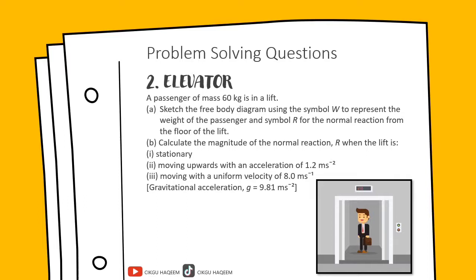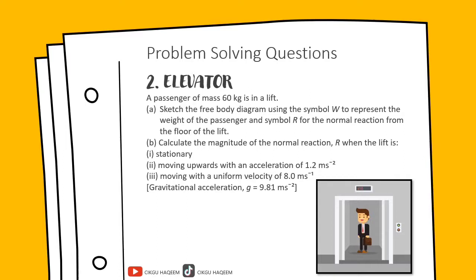First of all, when the passenger is standing in a stationary lift, the resultant force will be 0. When it is moving upward with an acceleration of 1.2 meter per second squared, the resultant force is not 0 because it is moving with an acceleration, which means increasing velocity.